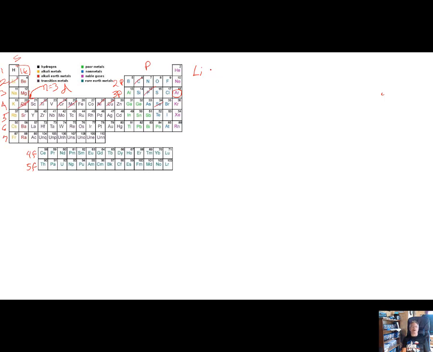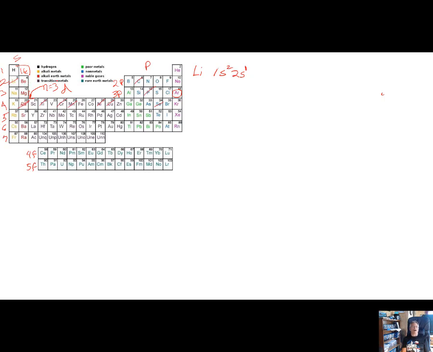So we start by filling the 1s, that's 1s2. There are no p electrons for lithium, so we come down to the 2s, and there's one electron there, the 2s1 electron. You can only put 2 electrons into the 1s, and then you have to drop down to the 2s.